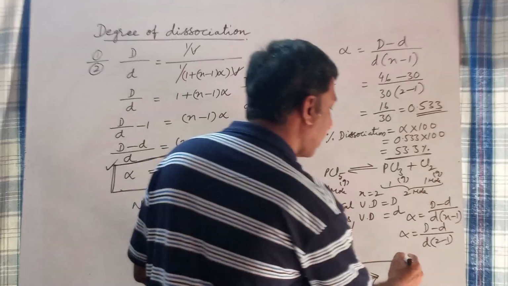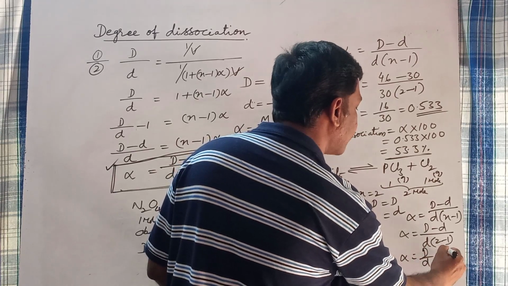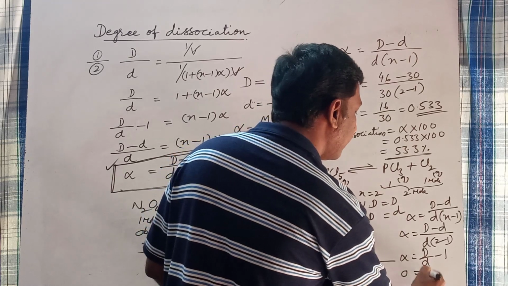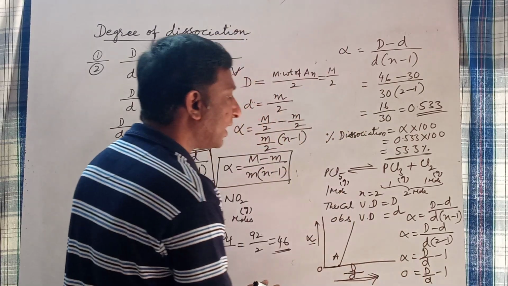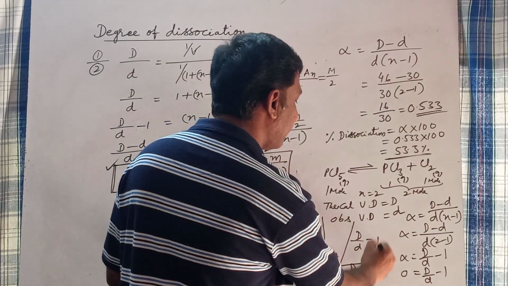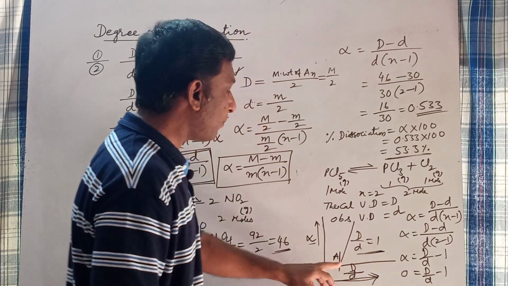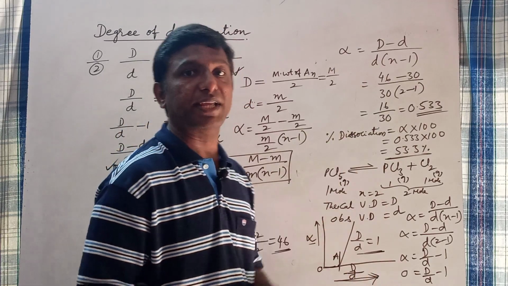Since alpha value equals 0, capital D by small d minus 1 equals 0. Therefore, capital D by small d value is equal to 1. At the point A, capital D by small d value is equal to unity.